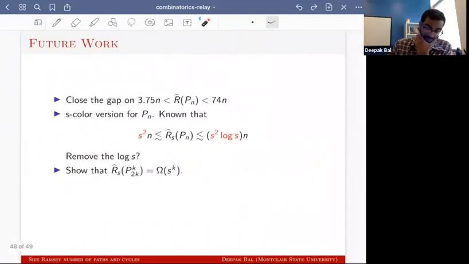I'll just finish up here and mention a couple of open problems. Closing the gap on the size Ramsey number of P_n would be interesting. For the S-color version for paths, removing the log S factor, if possible, would be good.